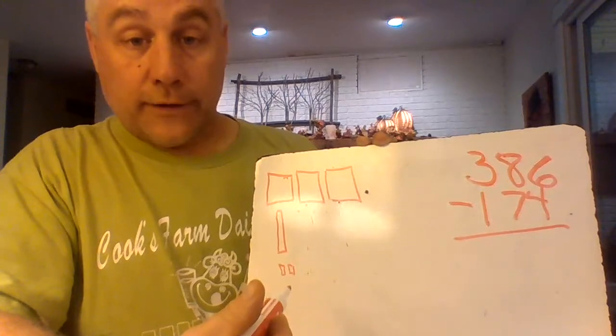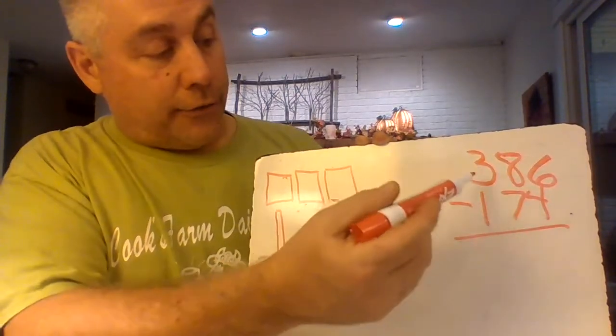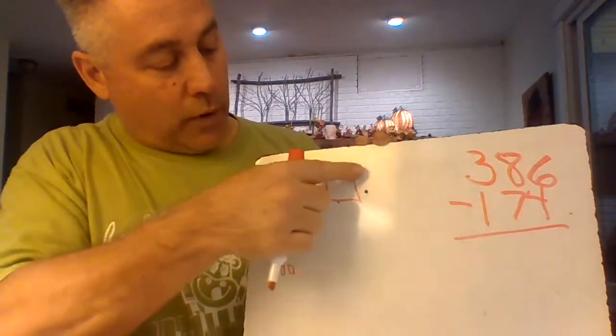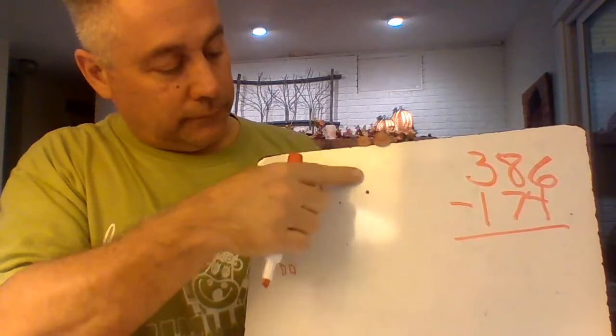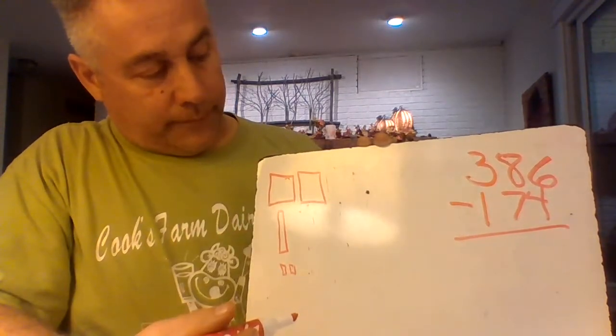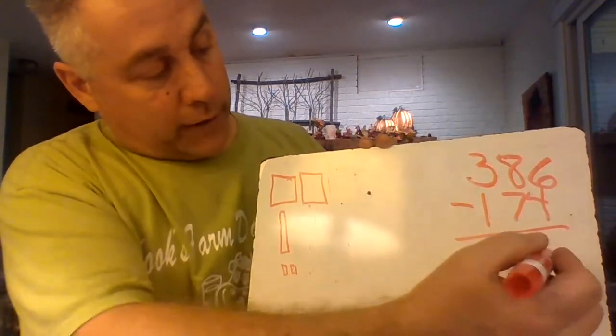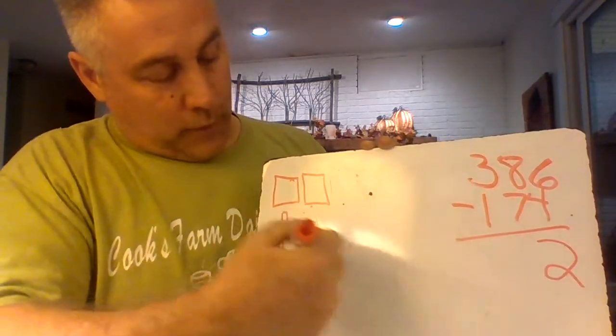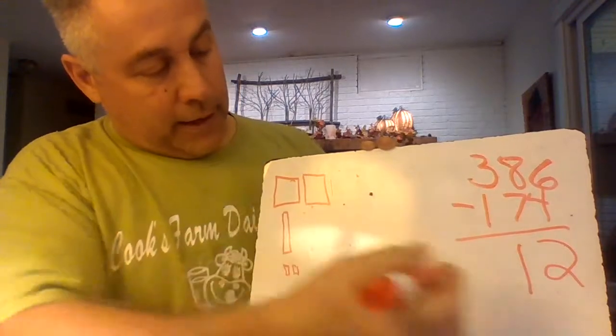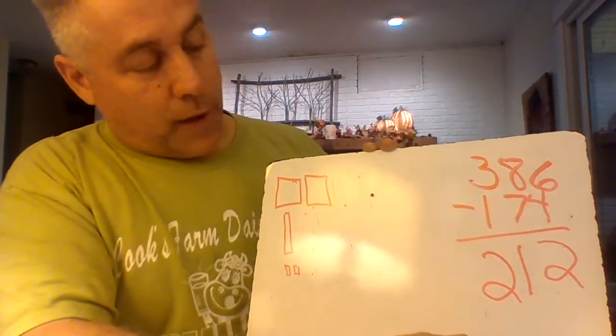I've got 1 left. And I've got 3 hundreds, and I'm going to take 1 of them away. 2 are left. So, if I do that, I end up with 2 ones, 1 ten, and 2 hundreds, 212.